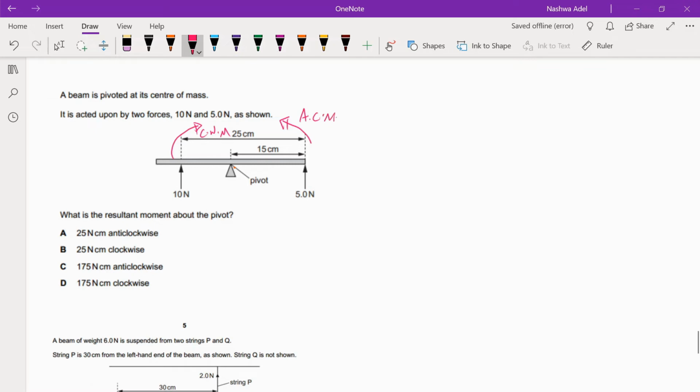So the clockwise moment here equals 10 times, this is the force, and here the distance is, if this total distance is 25 and this is 15, so this distance is 10 centimeter. So we have here 10 times 10 equals 100 Newton centimeter.